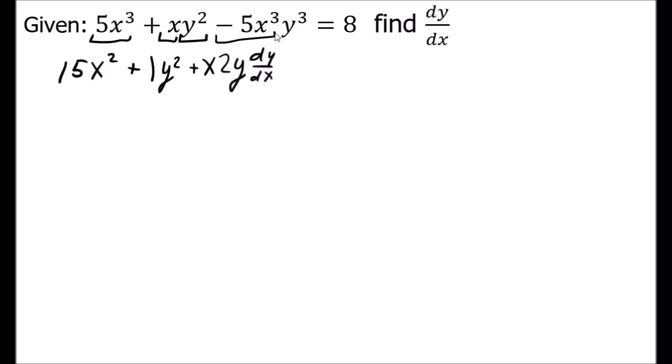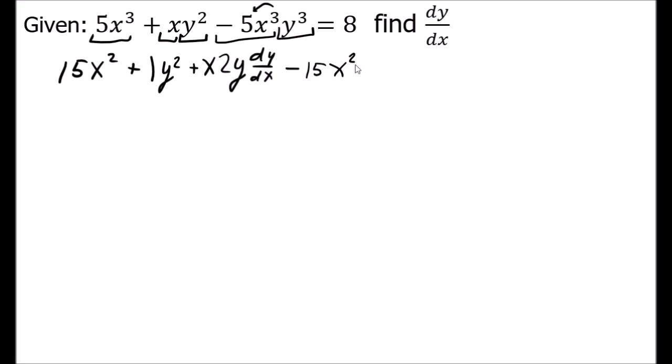All right, I have another product rule here. I have negative 5x cubed times y cubed. Now this negative 5 I'm including as part of this first term. It wouldn't make a difference if I said the negative 5 is part of the y term, but I usually do it in this order. I think it'll work out best. So the derivative of this first term, again the product rule, negative 5x cubed is negative 15x squared.